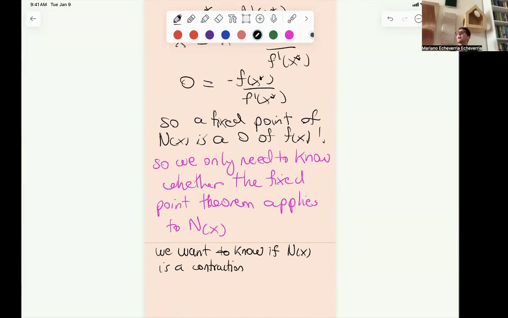But what did we check for a contraction? To check if the function is a contraction, a useful property is if the derivative is less than one, right? That's the property that we had.